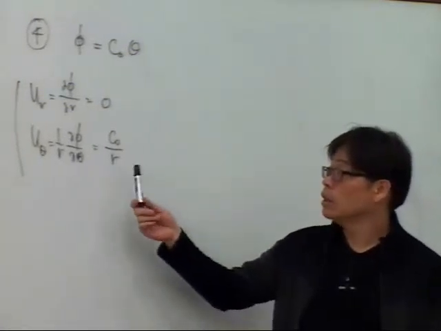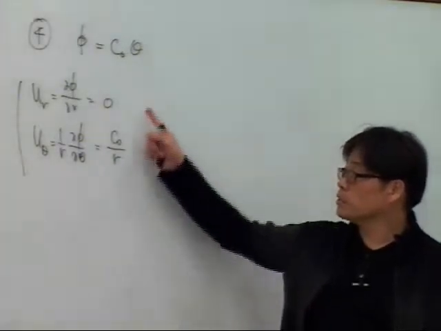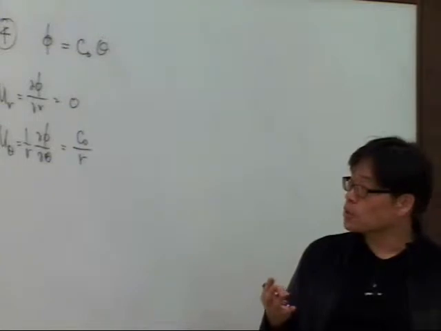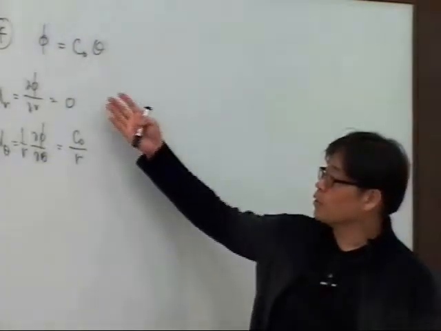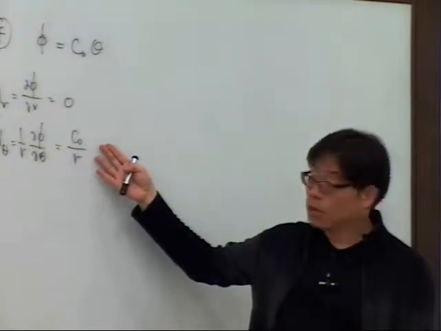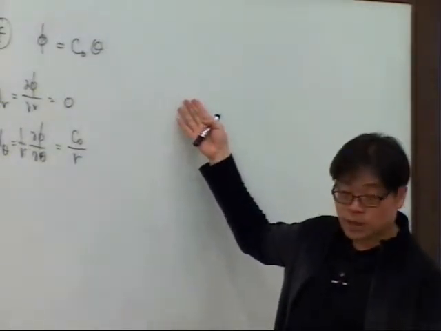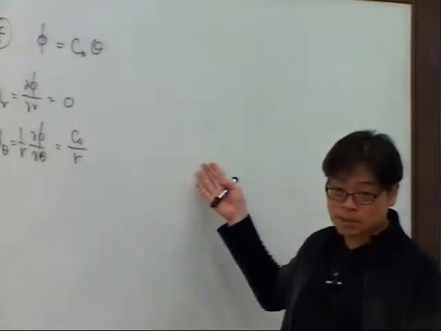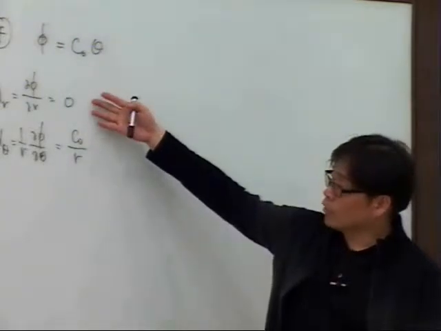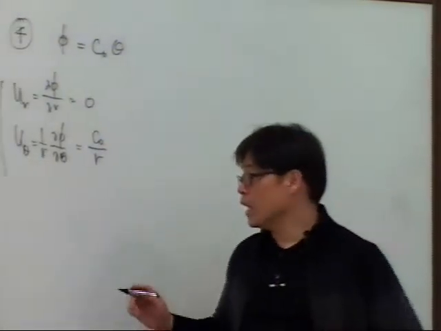This velocity field looks similar to a source, but this time radial velocity is 0 and tangential velocity is not equal to 0. For the source, we have a radial velocity which decays like 1 over r, but the tangential velocity was 0. This time radial velocity is equal to 0, but tangential velocity is not.